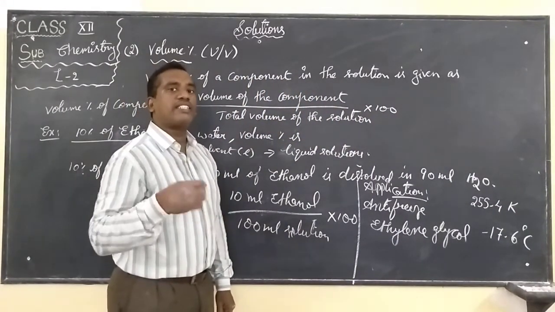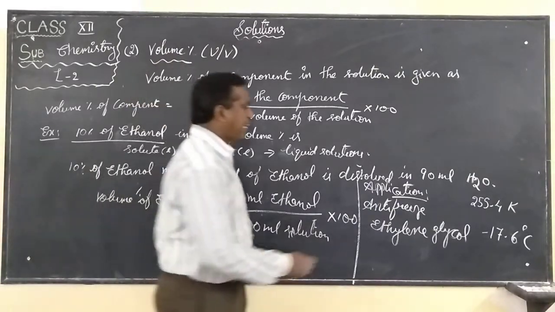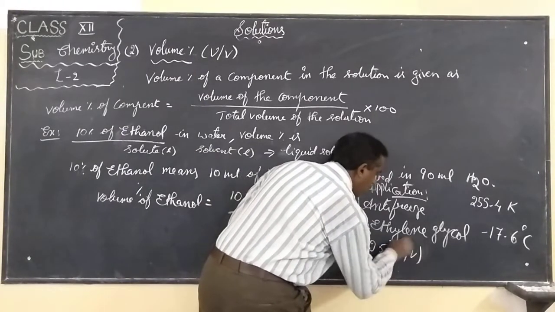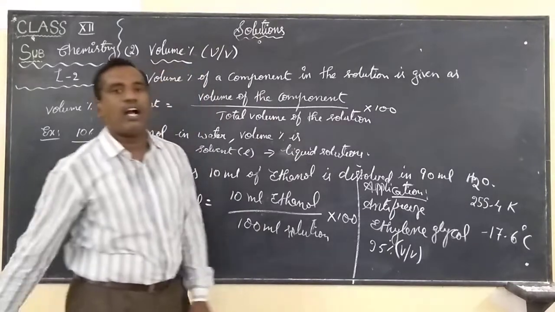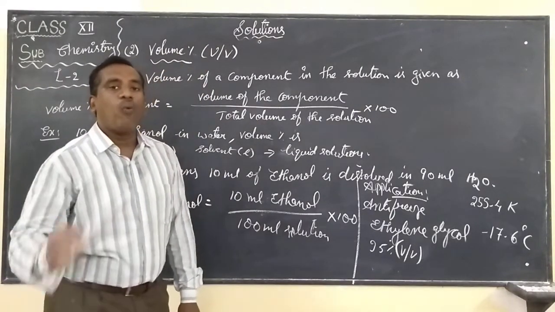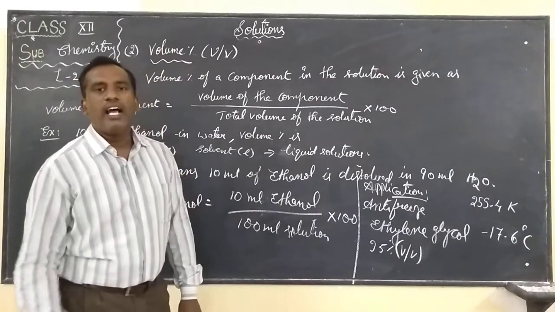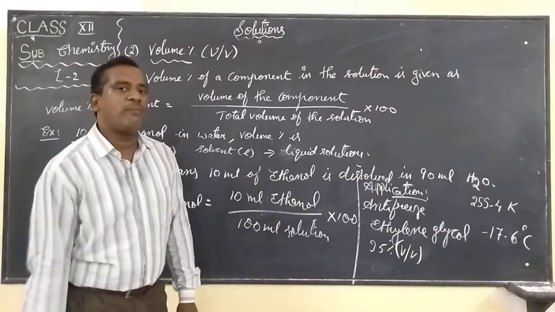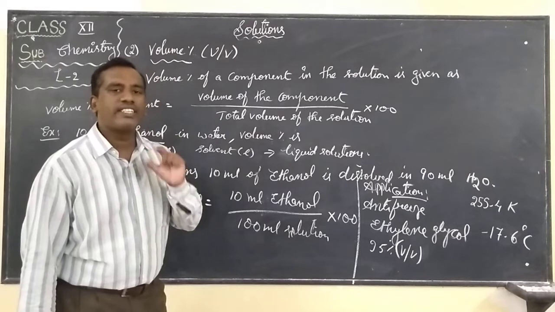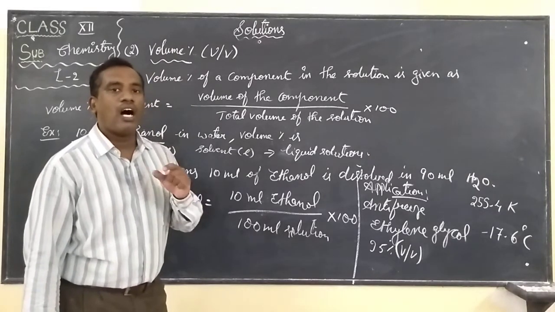How much ethylene glycol are they going to add? 35% volume by volume of ethylene glycol in water. 35% volume by volume means 35 ml of ethylene glycol is added to 65 ml of water.